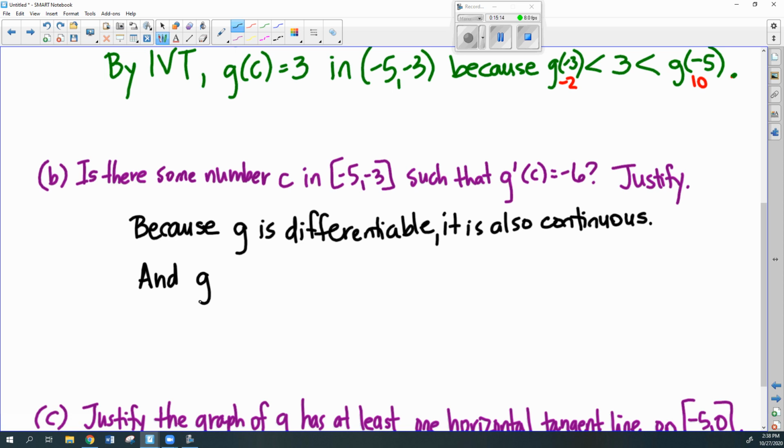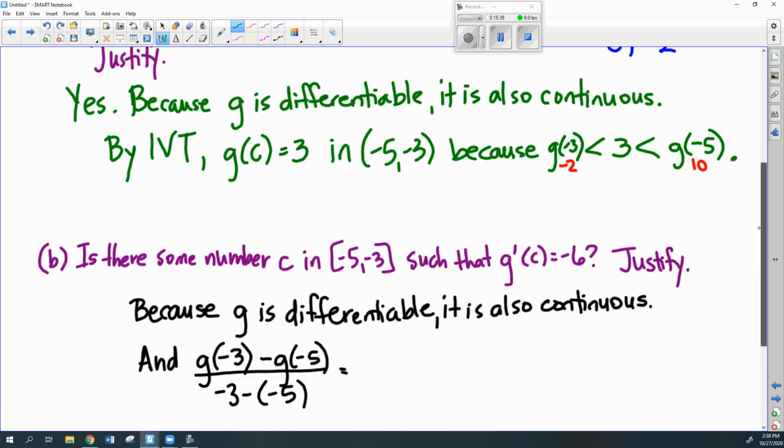And so it's got to be on this closed interval, so the best thing to do is start with the endpoints, all right? And so I would look at g of -3 minus g of -5 all over -3 minus -5, and I would see what I get, okay? And so then I would use the values from my table.